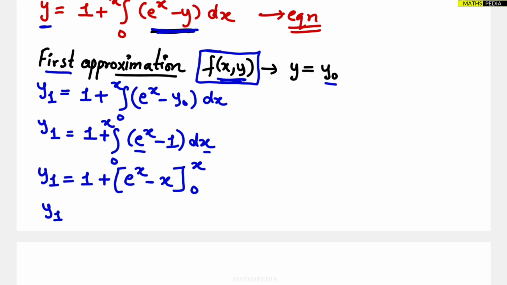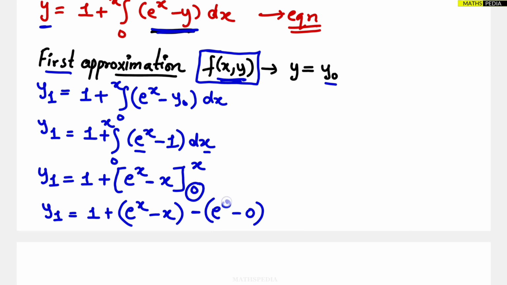So the y1 value becomes 1 plus, now upper limit I substitute. In place of x I have to substitute x itself. So it becomes e power x minus x, then minus the lower limit. So put one bracket here, minus lower limit. In place of x I have to substitute 0. So it will be e power 0 minus 0. Okay, done. What answer are you getting? 1 as it is, then e power x minus x as it is, minus e power 0 is 1.